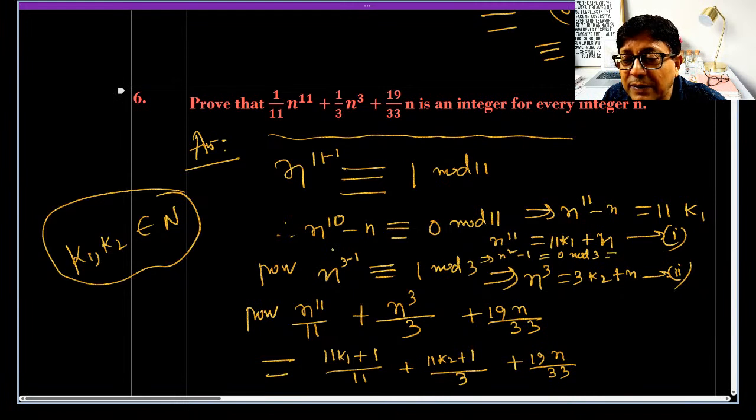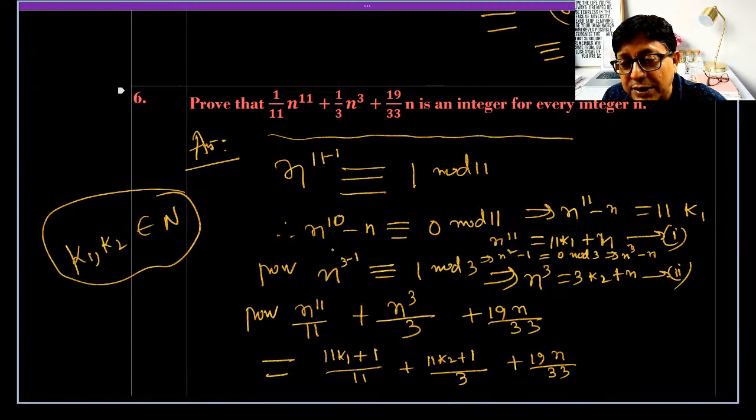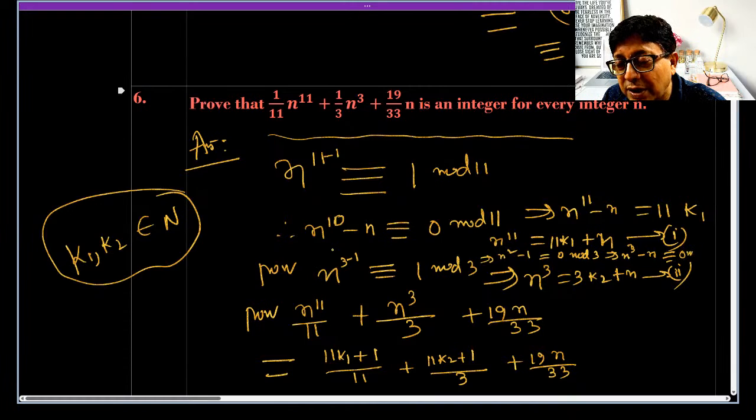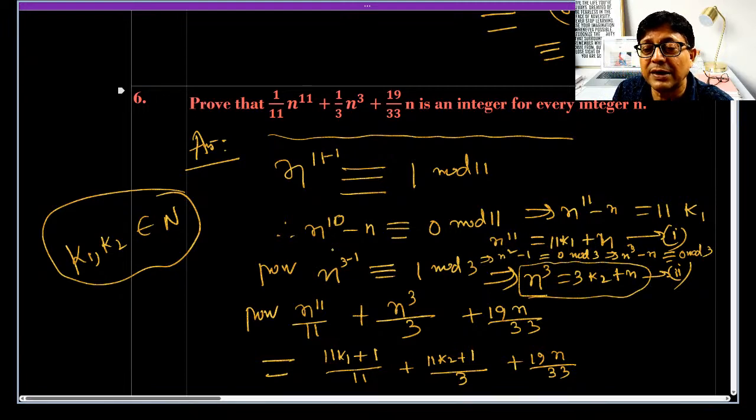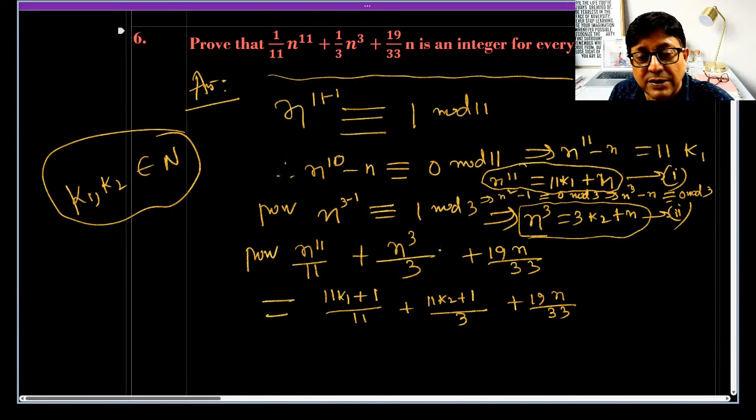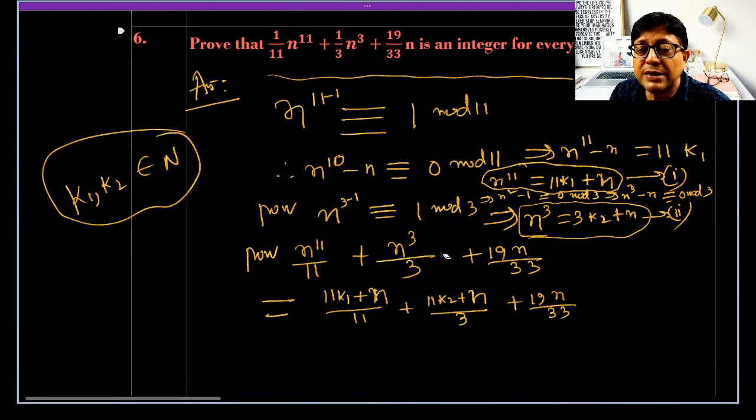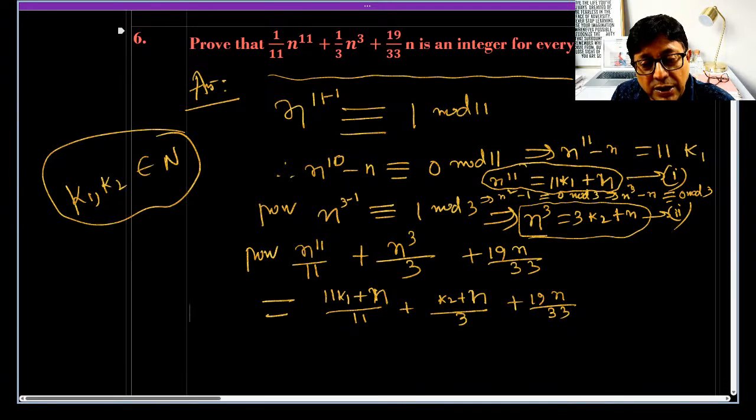Because this relation you are multiplying by n. n cube minus n is congruent with 0, so from there we get n cube equal to 3k2 plus n. n to the power 11 is what? 11k1 plus n. So this is n, this is also n, and this is 3k2, not 11k2.